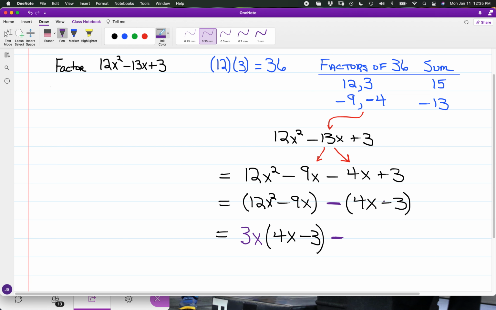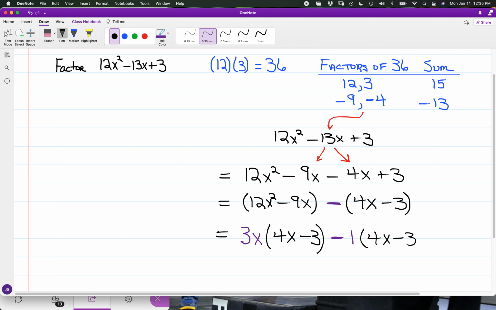Now, we're not going to have an x term since we have in the pairing the minus 3 to be a constant. And so the greatest common factor will be the highest number that will go into both 4 and negative 3, so that is going to be 1. And that's going to be placed alongside the subtraction. And 1 will go into 4x minus 3.